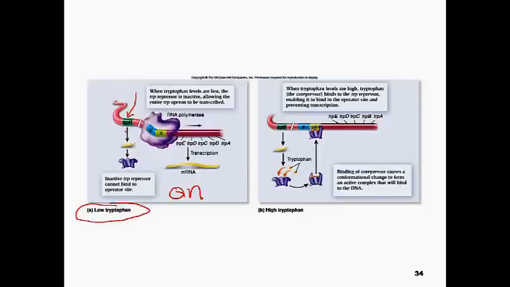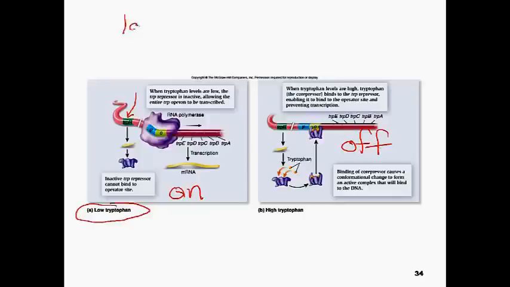So even when tryptophan is absent, the repressor is produced but not active. It's not in its active conformation. However, now, when tryptophan is imported into the cytoplasm, the tryptophan can bind the repressor, converting it to its active conformation. And in its active conformation, it can bind its operator, turning expression of these genes off.